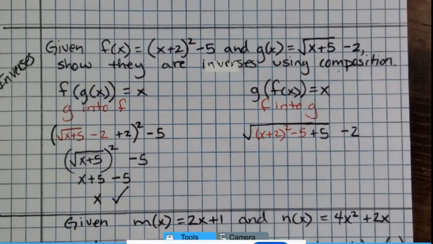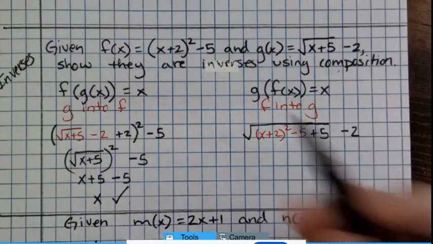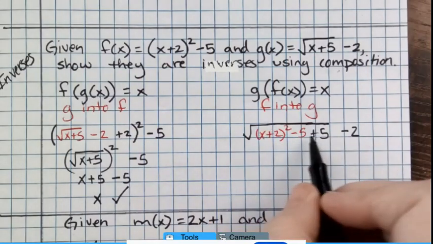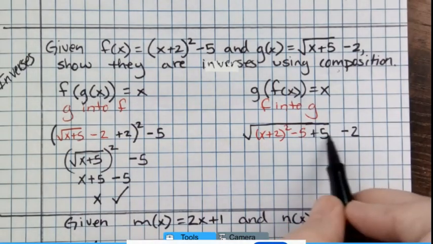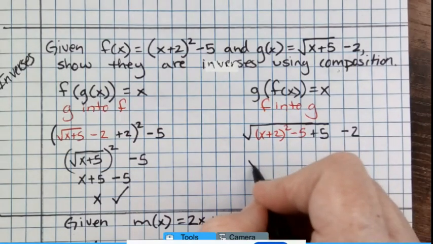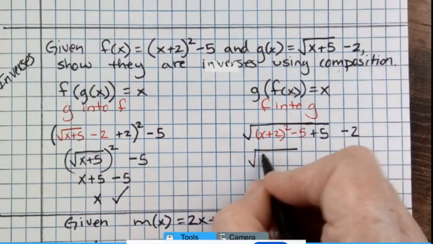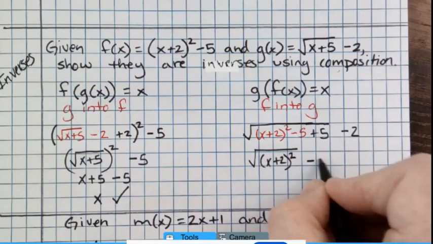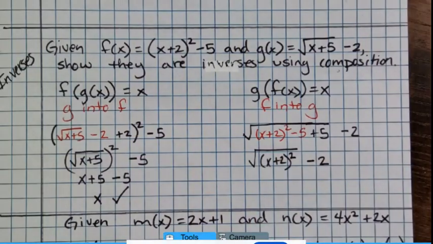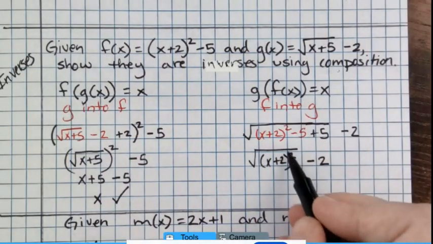So what we can do first is the plus 5 and the minus 5 will cancel. So we've got square root of (x plus 2) squared minus 2. And then the square root and the square will cancel.